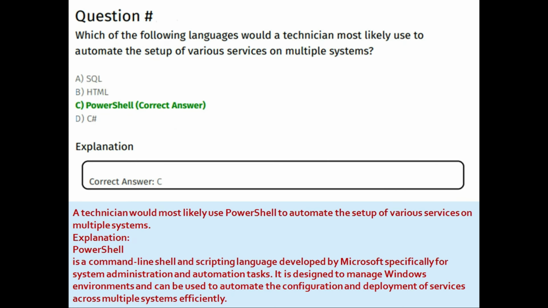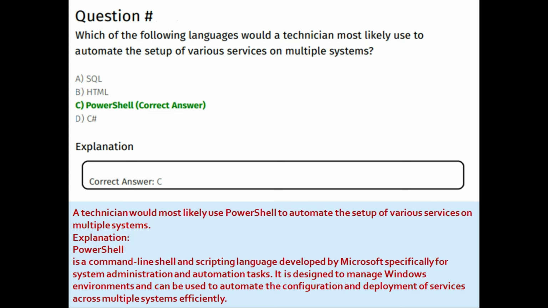Which of the following languages would a technician most likely use to automate the setup of various services on multiple systems? Option A is SQL, option B is HTML, option C is PowerShell, and option D is C#. And the correct answer for this question is option C, PowerShell. So let's check the explanation.